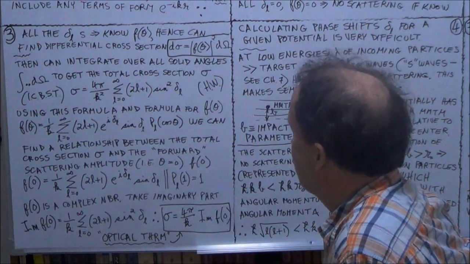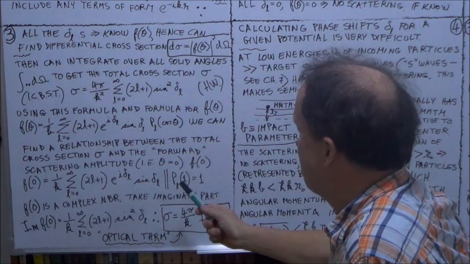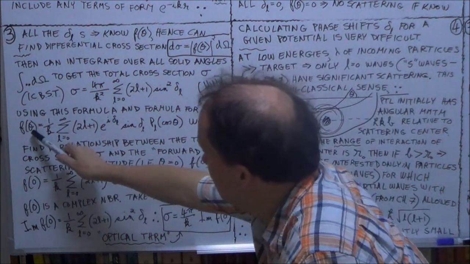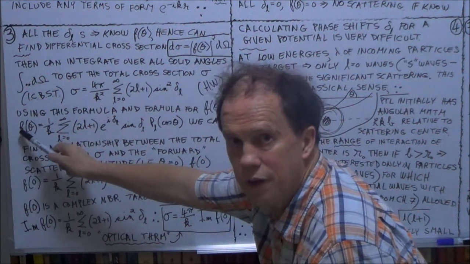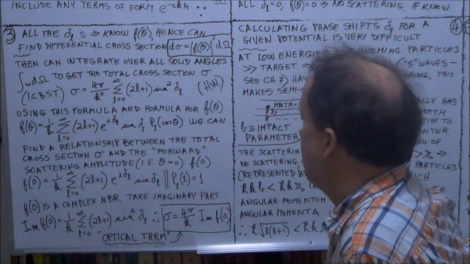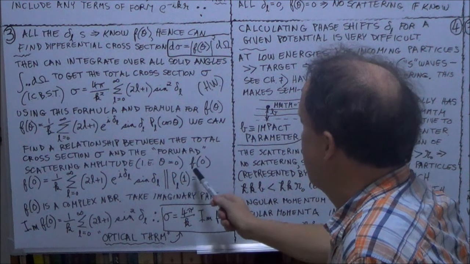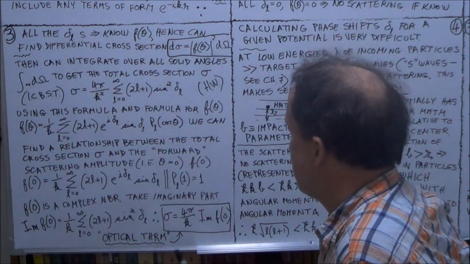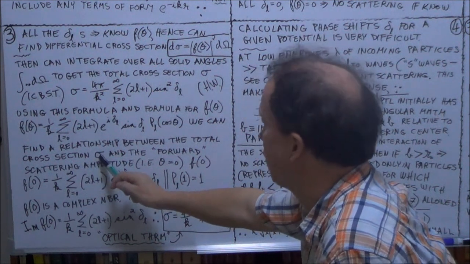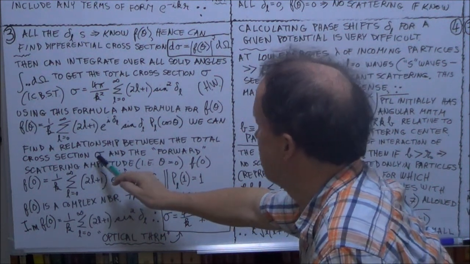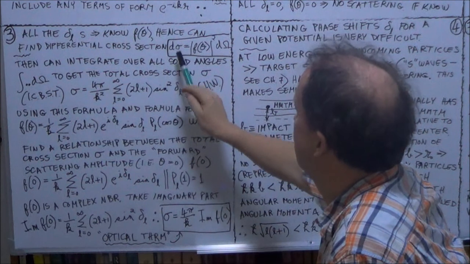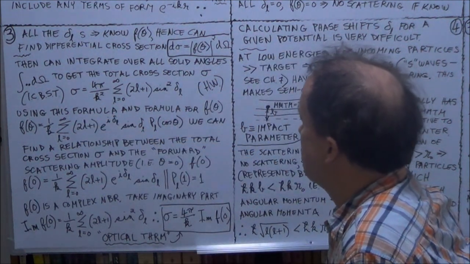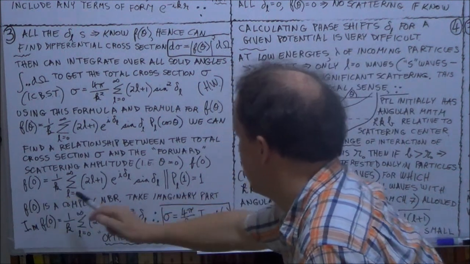Now that allows us to find a relationship when theta is naught. So you get just f of 0, and we can get a relationship between little sigma here and f of 0.